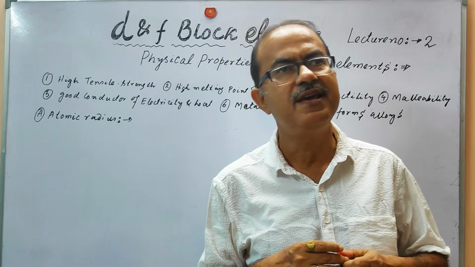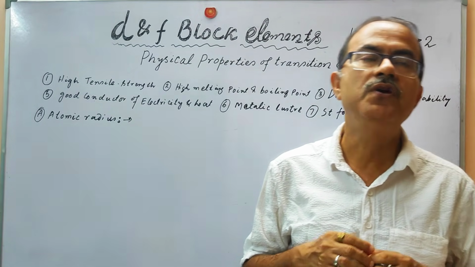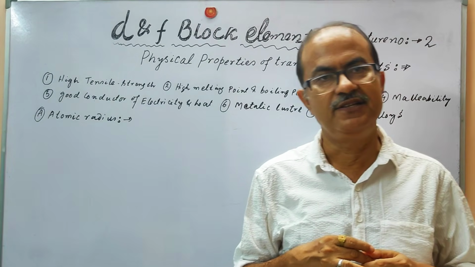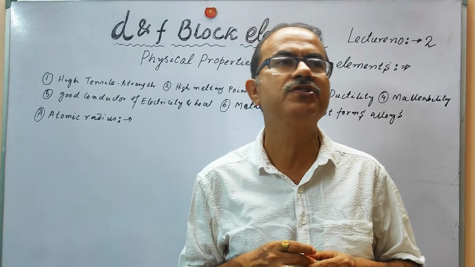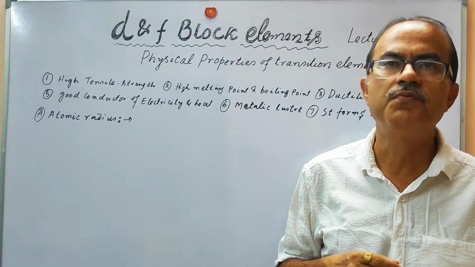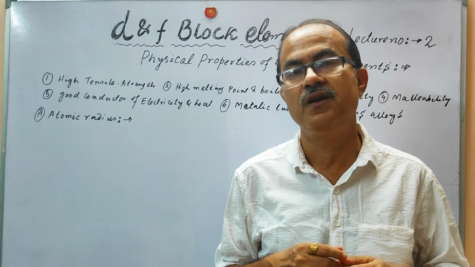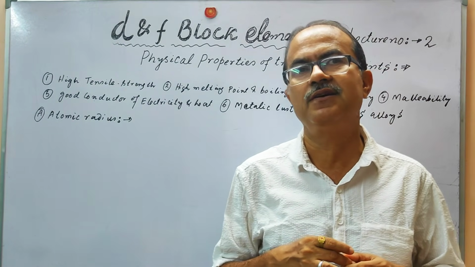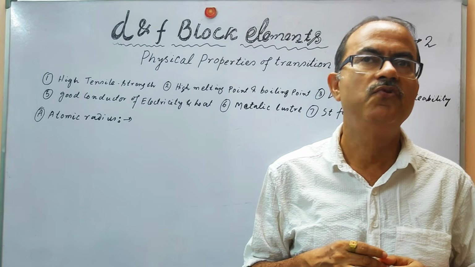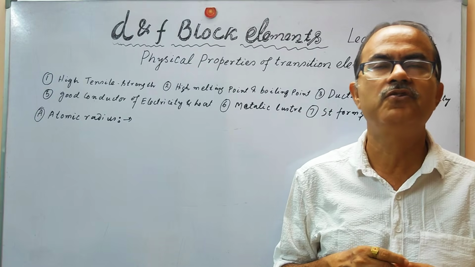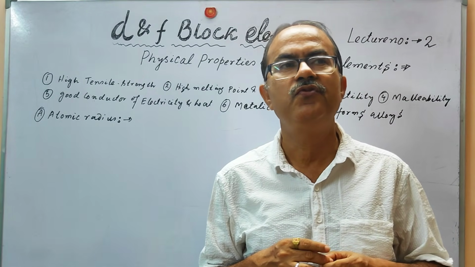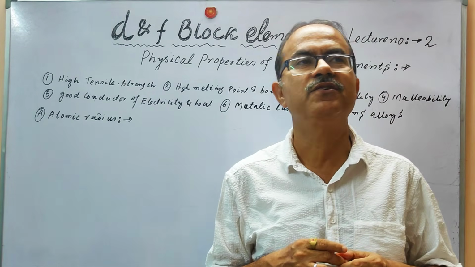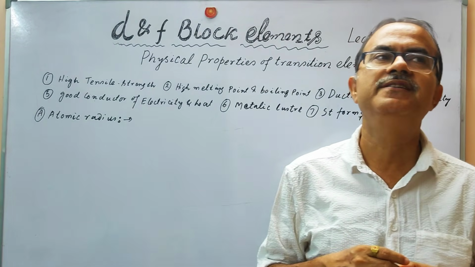So as we go down the group, the atomic radius goes on increasing, and that is because of the incorporation of one new shell. In the 3d there is the outside shell, the 4s shell. In the 4d it is the 5s, and in the 5d it is the 6s.